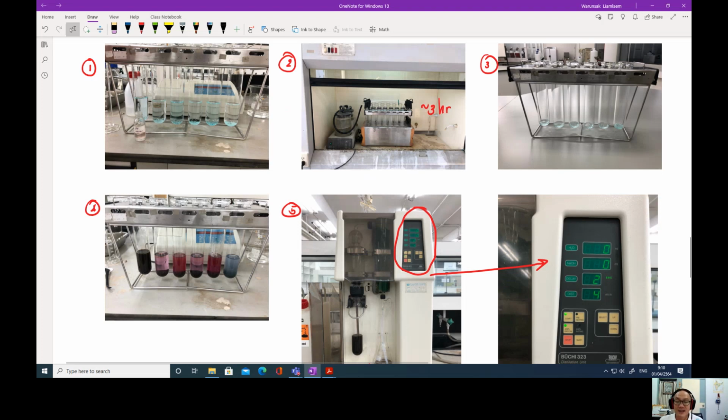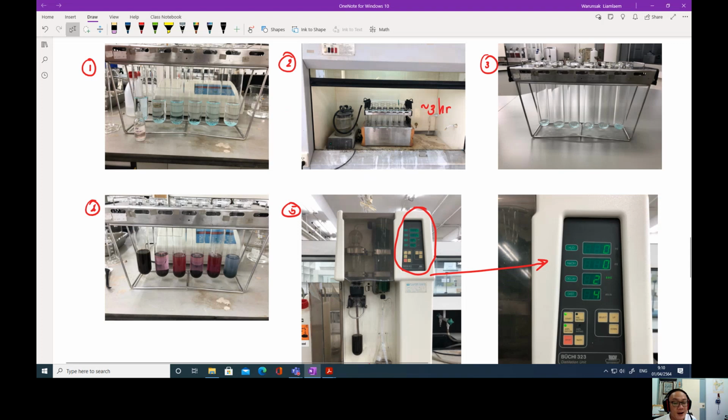So once we leave it like this, the next step is to add the distilled water and, of course, the sodium hydroxide, because during the digestion we prefer to distill the sample under a pH above 8, or at 9.5.